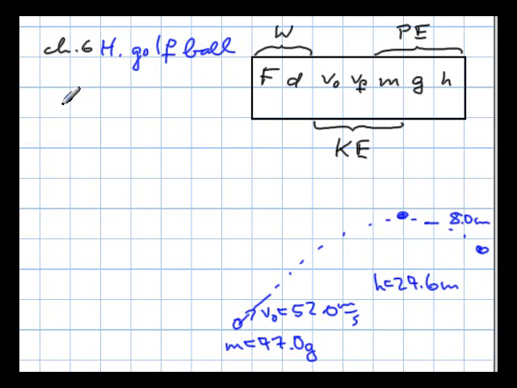Okay, so as it's being teed off at the bottom, it has only kinetic energy, so KE0, and then at the top it has kinetic energy plus potential energy.